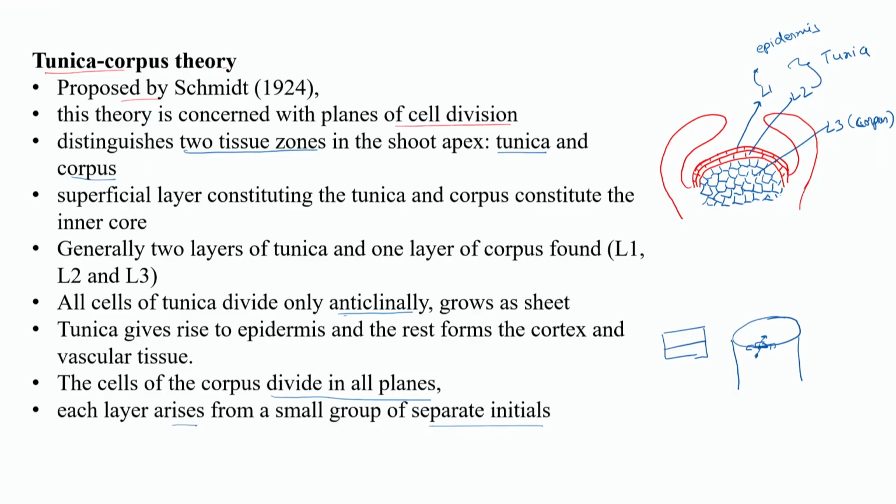In tunica corpus theory too, these different layers have different initials, and each initial will give rise to its own cell types. Generally the tunica is two layers, but in many cases even 4 or 5 layers of tunica have been observed, though 2 layers is the most common.